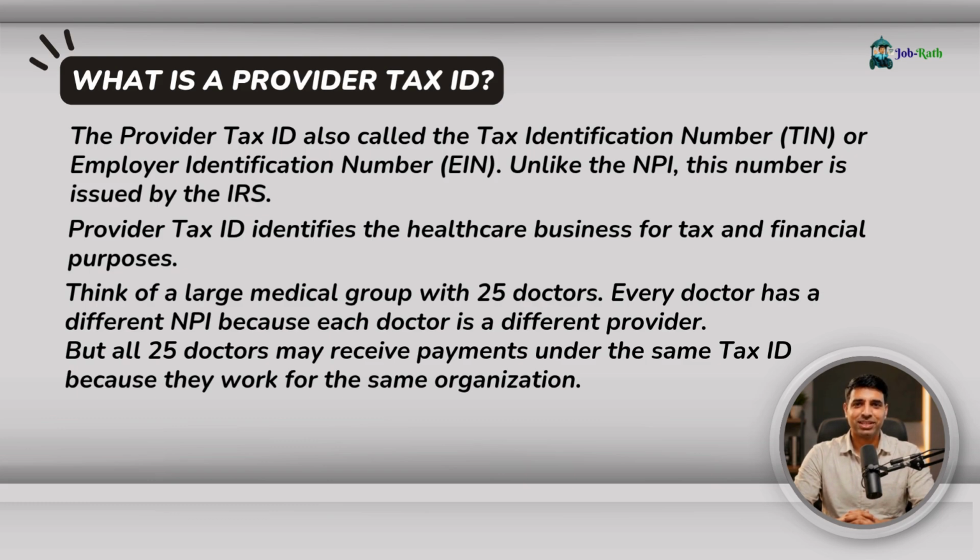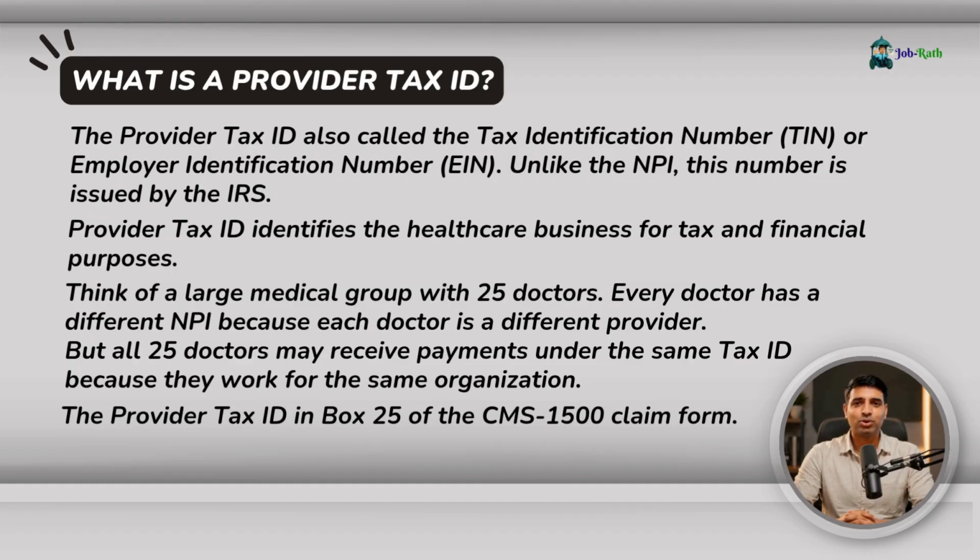When insurance pays the claim, the payment is usually issued to the clinic under its tax ID. But the claim also identifies which provider treated the patient using the provider's NPI. That's why both numbers are important. You will find the provider tax ID in box 25 of the CMS 1500 medical claim form.